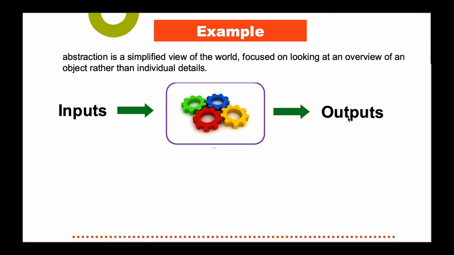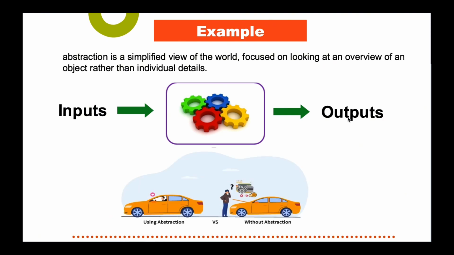Let's take another classic example again. Let's take these two cars or vehicles here, like I explained earlier. The first one is using what is called abstraction. You bought a car, it is moving, it is doing everything. You are just to drive it, and you love it. Everything here is good.